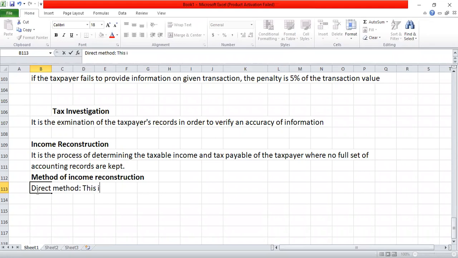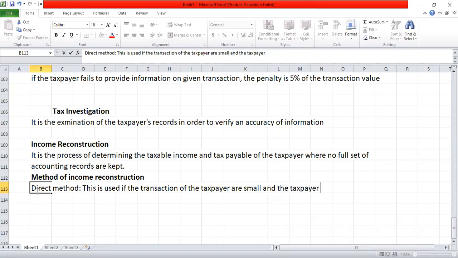So this is used if the transactions of the taxpayer are small and the taxpayer also works with the bank.